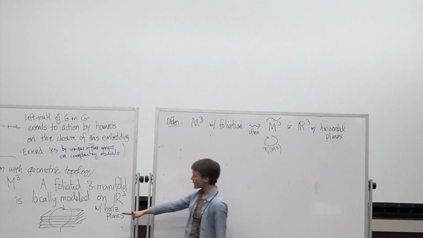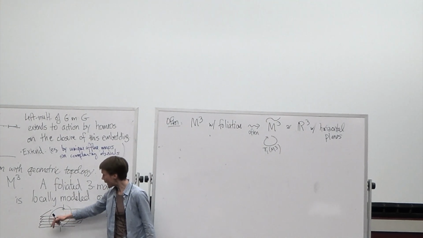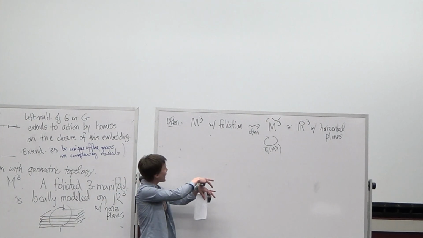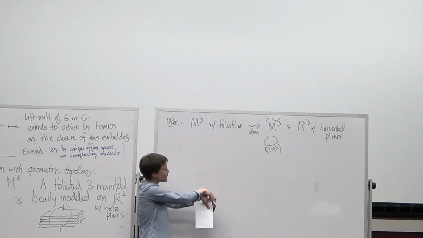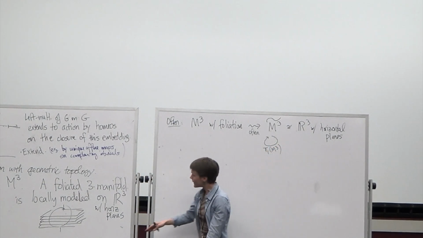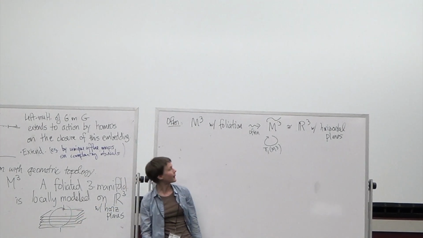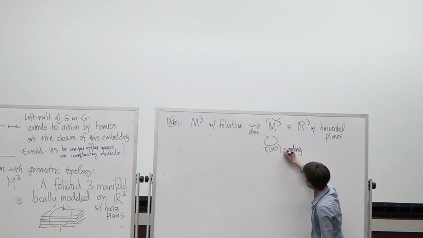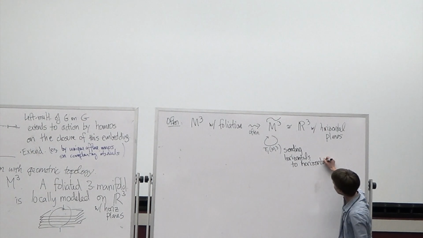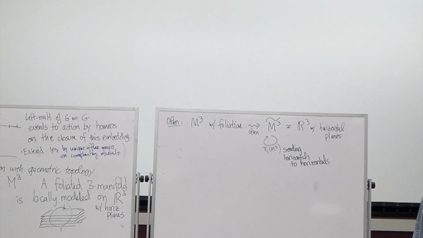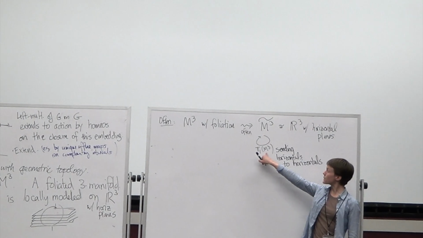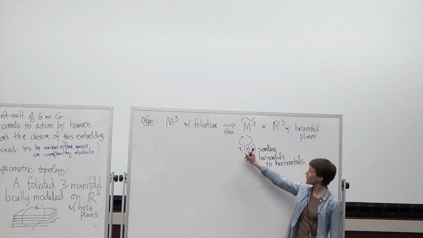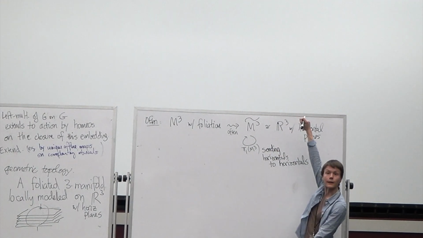And downstairs, my foliation is something that happened downstairs. Whatever happens upstairs is going to be a lift of that. It will preserve the horizontal planes. Okay? So this says sending horizontals to other horizontals. What does that give you? In other words, this gives you an action of the fundamental group on the z coordinate.